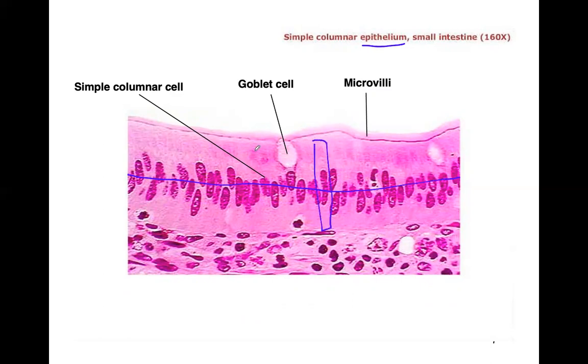And it's one cell layer thick. So simple columnar epithelium. This cell here and this one here, these are important. These are goblet cells. They produce the mucus. And you can see the microvilli, or the brush border, which is this from here to here. That's the brush border.